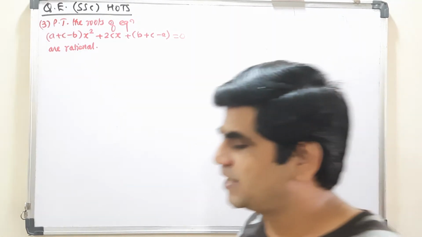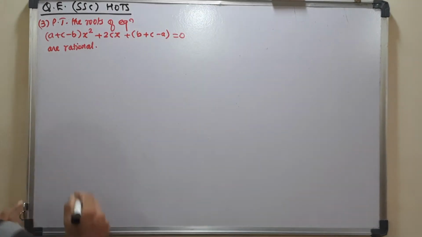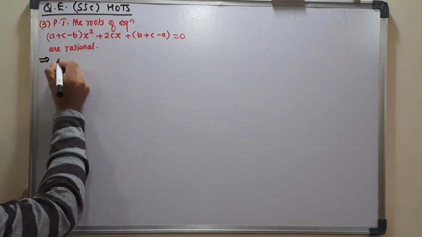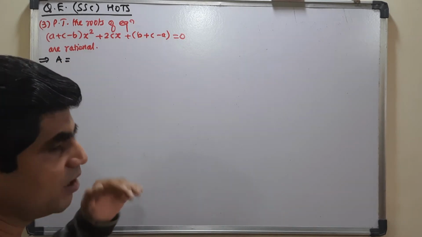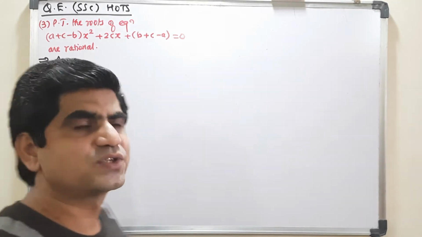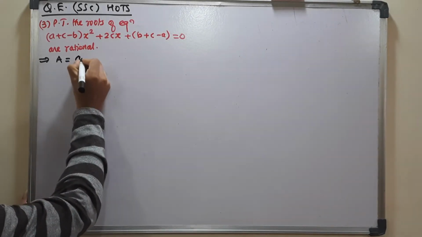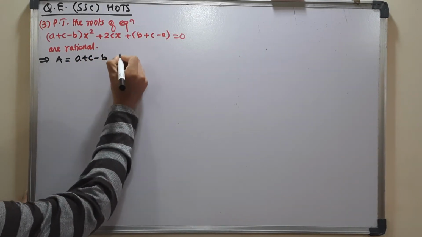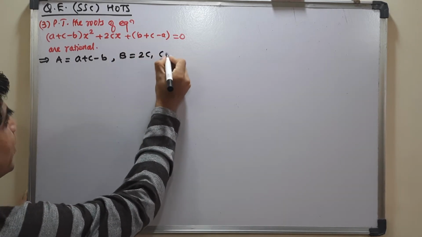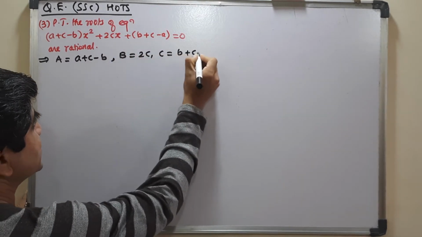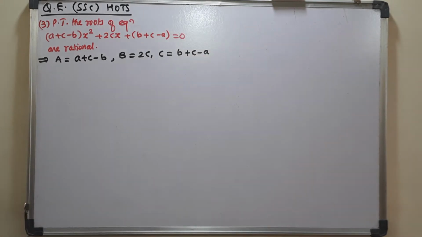So that discriminant will depend on what is the value of a, b and c. As discussed, the value of a is the coefficient of x square, that is a plus c minus b. The value of b is coefficient of x, that is 2c, and value of c is the constant, that is b plus c minus a.